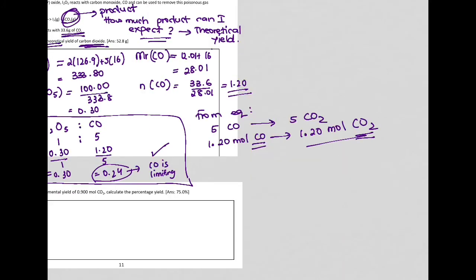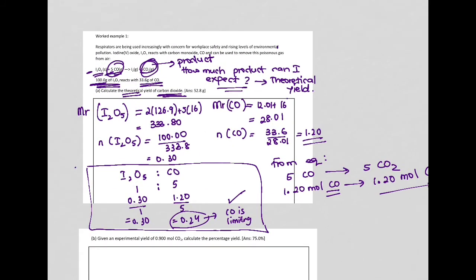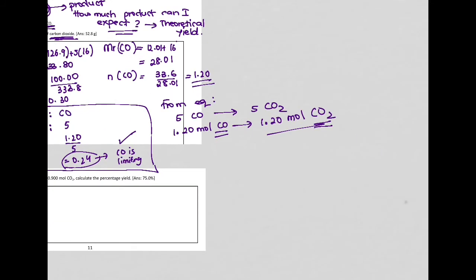Based on the mole ratio, 5:5, therefore 1.2 moles of carbon monoxide will give you 1.2 moles of carbon dioxide.